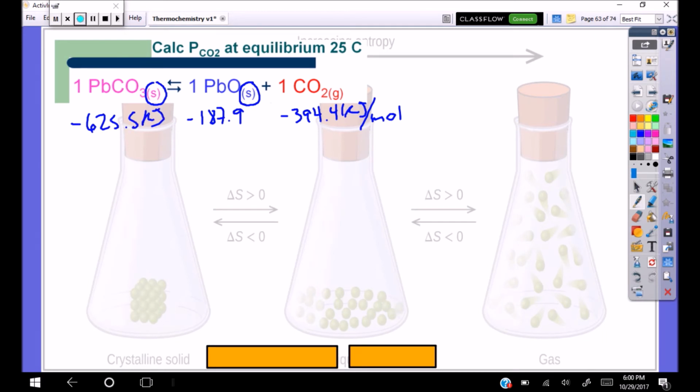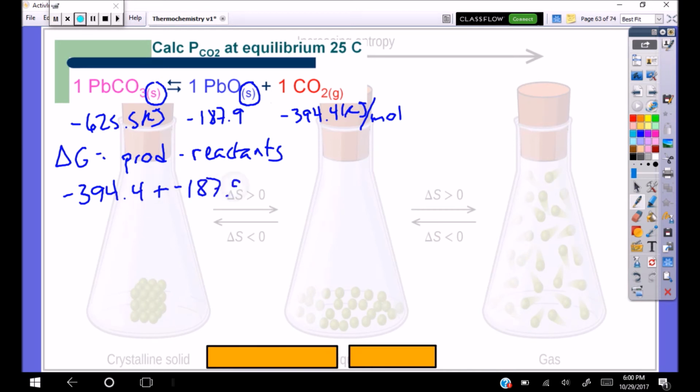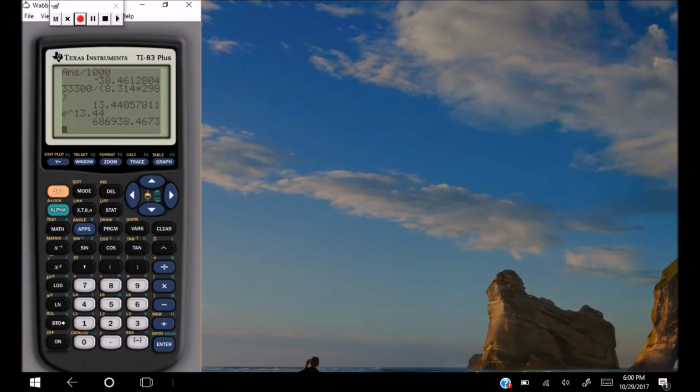Alright. So if we do delta G, we know it's products minus reactants, and we have to account for the moles. Luckily, it's a 1-to-1 ratio for everything. So we get negative 394.4 plus negative 187.9, and we're subtracting negative 625.5. Clear everything out, got a nice clean slate.